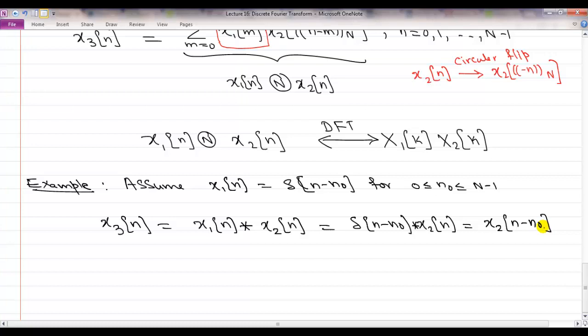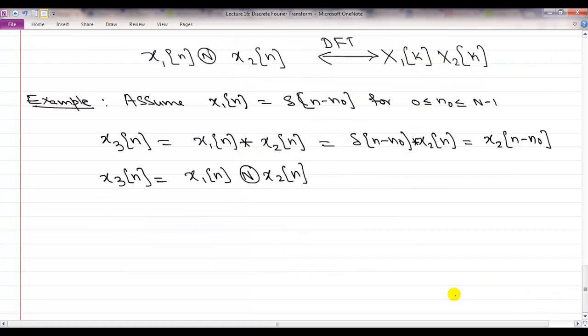Let's look at what circular convolution with the direct delta does. Now we are interested in computing x3 of n as x1 of n circular convolution with x2 of n. So we simply plug in the formula: sum over m equal to 0 to N minus 1 of x1 of m, x2 of n minus m mod N. Now x1 of m is 0 for all m except at m equal to n naught.